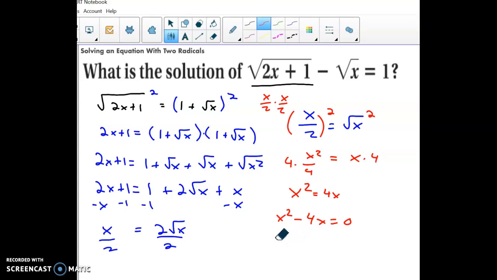So for here, pull out an x, GCF factoring. And so one of our answers is going to be x equals 0. And then if we set this other factor to 0, then we'd have x be 4. That's the zero product property. So we get two answers, 0 and 4.